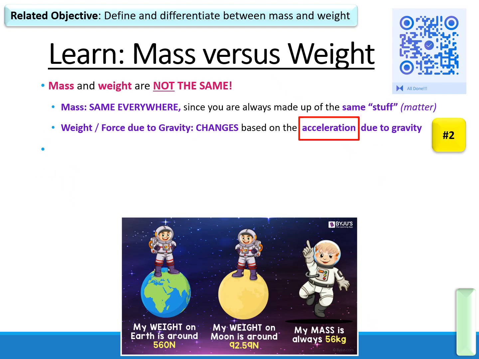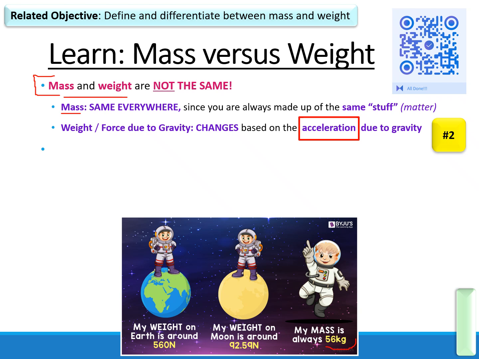And one of the ways that gravity plays a role is the difference between mass and weight. Mass is the same everywhere. Doesn't matter if we're on Earth or the moon.